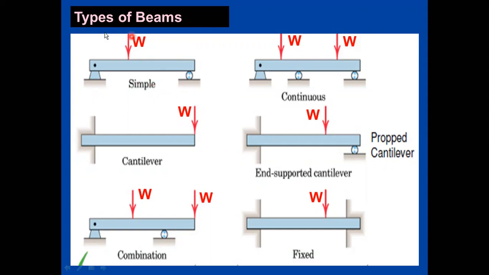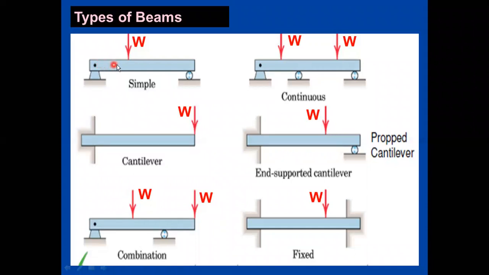If you take this particular example, here you see there is one horizontal member which is called a beam, and it rests on two different types of supports. One is a roller support and another one is a pin support or hinged support. So we have to know three things. One is what we mean by a beam.